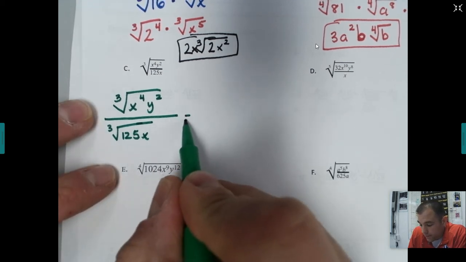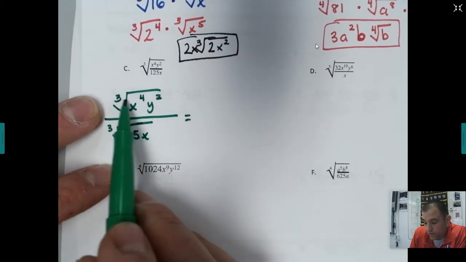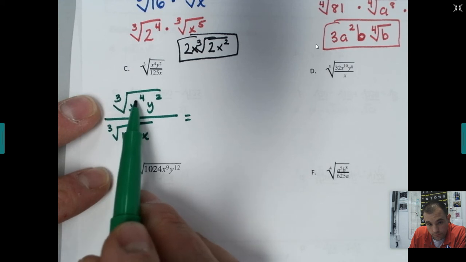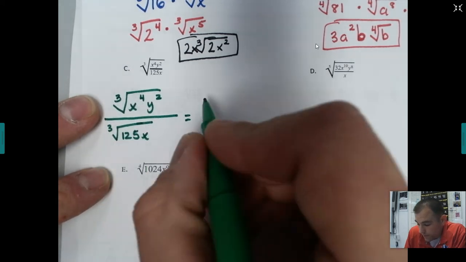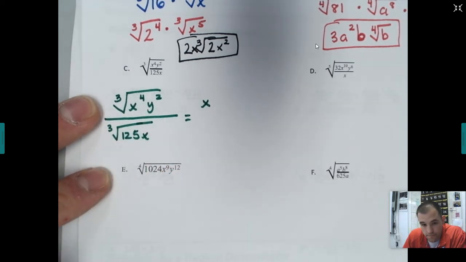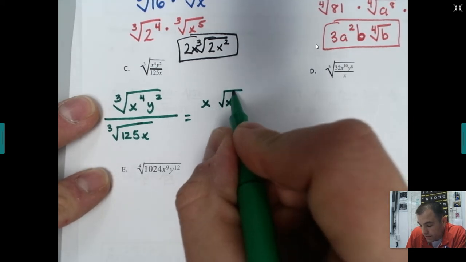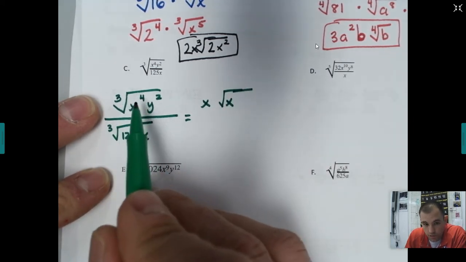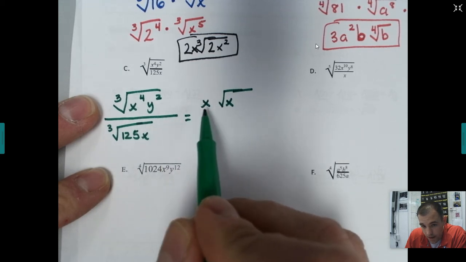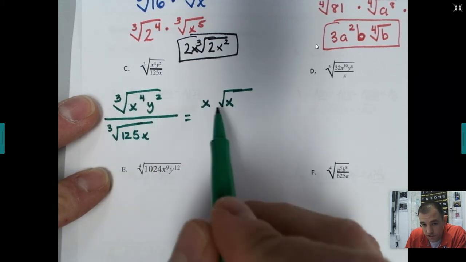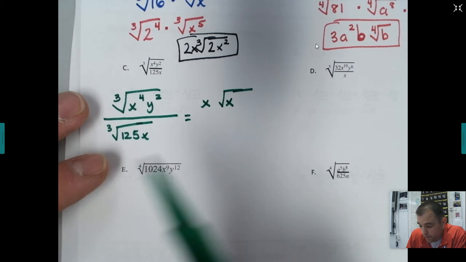So now, 3 will go into 4 one time, so that means 1x will be in front, and that would leave 1x on the inside, because 4 minus 3 leaves 1.